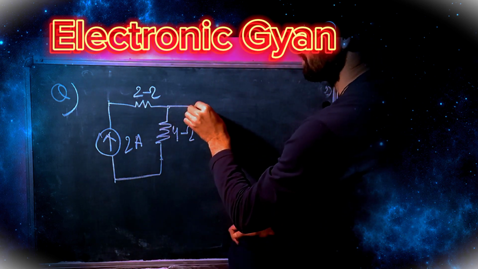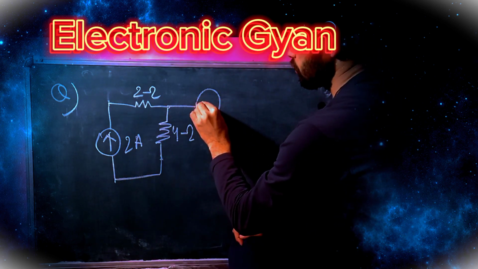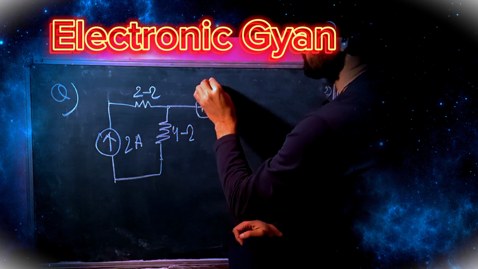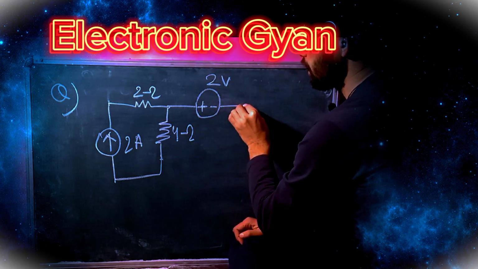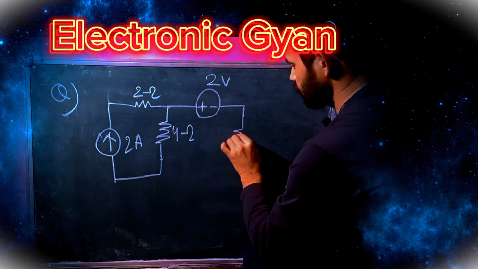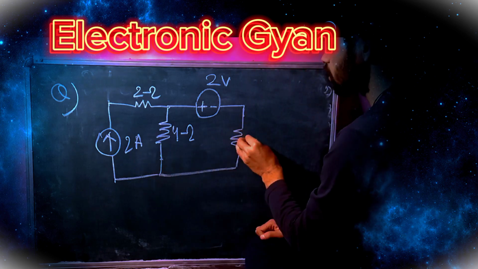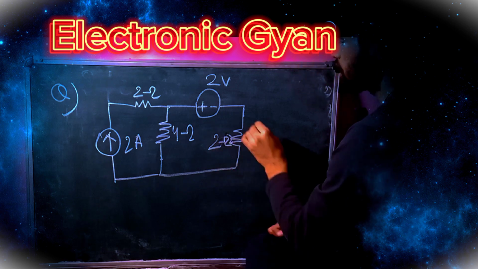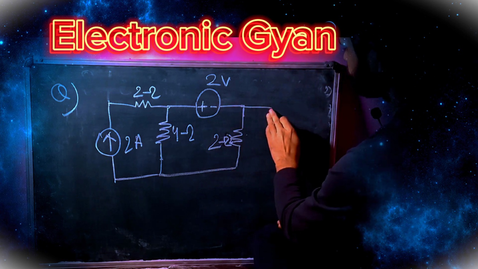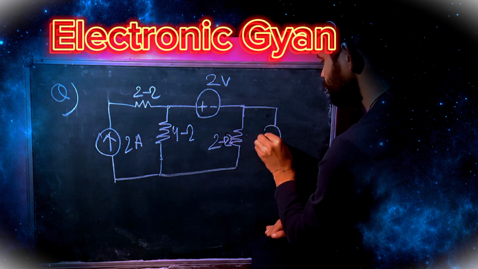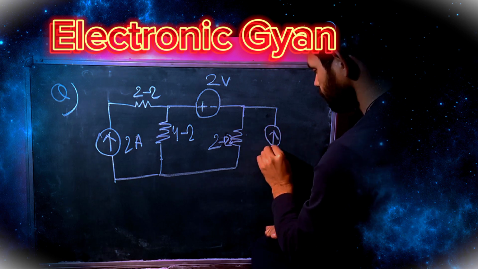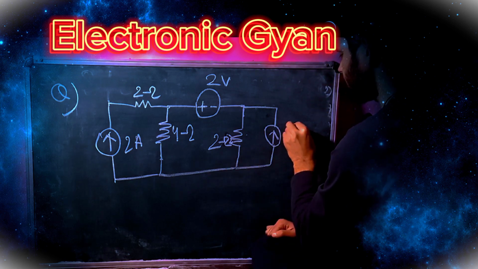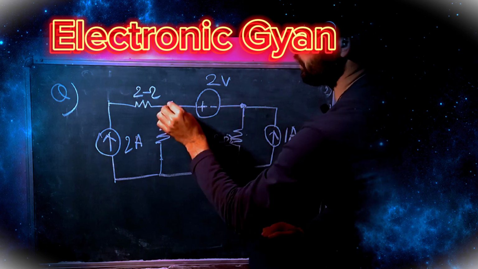And here this is a voltage source of 2 volt, and this is a resistance of 2 ohm. And here this is a current source of 1 ampere.